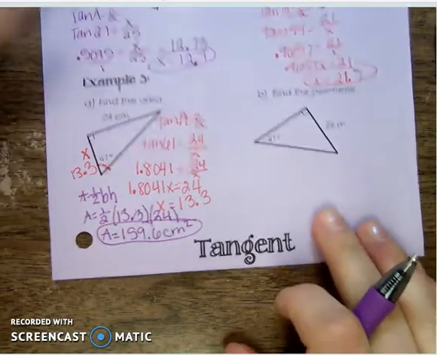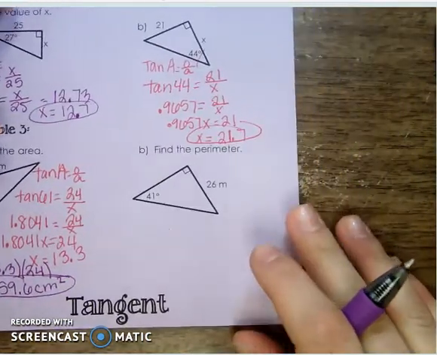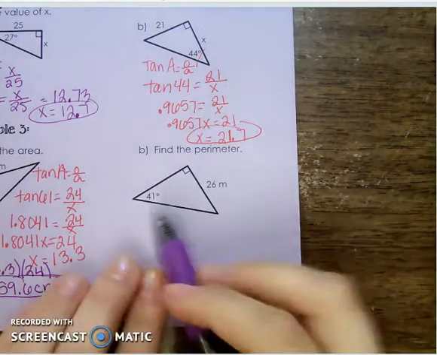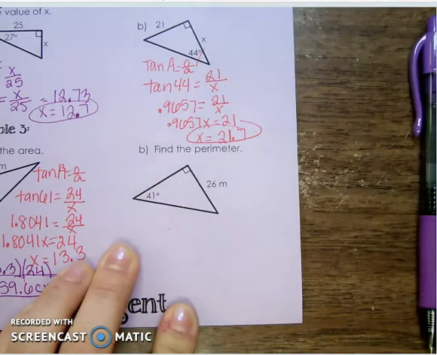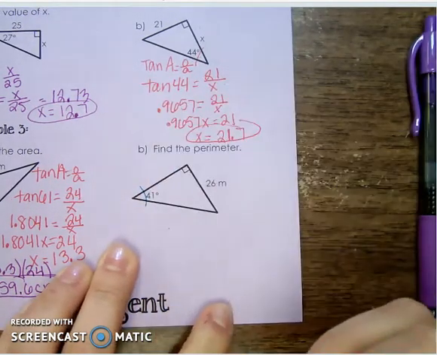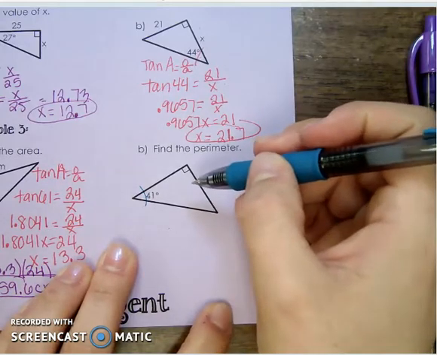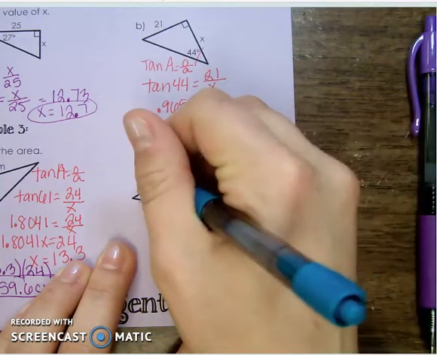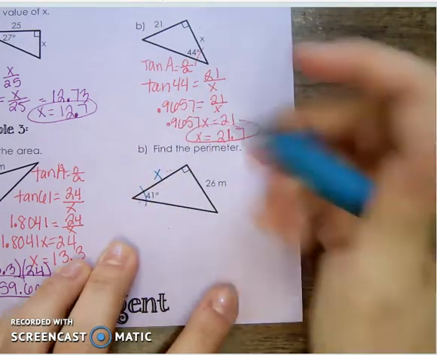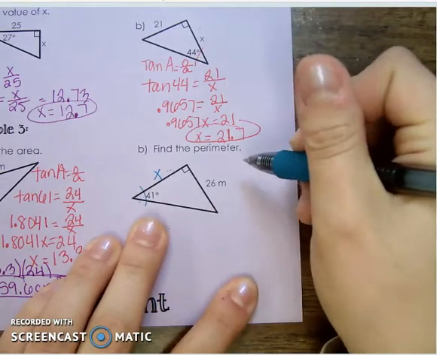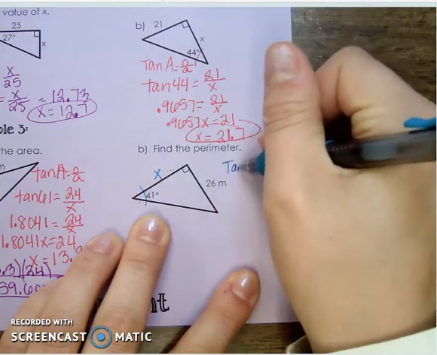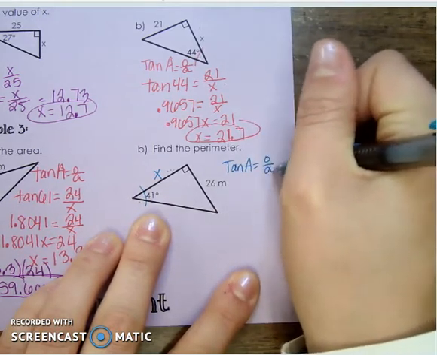All right, and the last one, finding the perimeter. So I really am going to have to find all of these sides. I have this angle right here. I'm going to use the tangent first. I have my opposite, and here is my adjacent, so I'm going to find that value first. Okay, so tangent of A, opposite over adjacent.